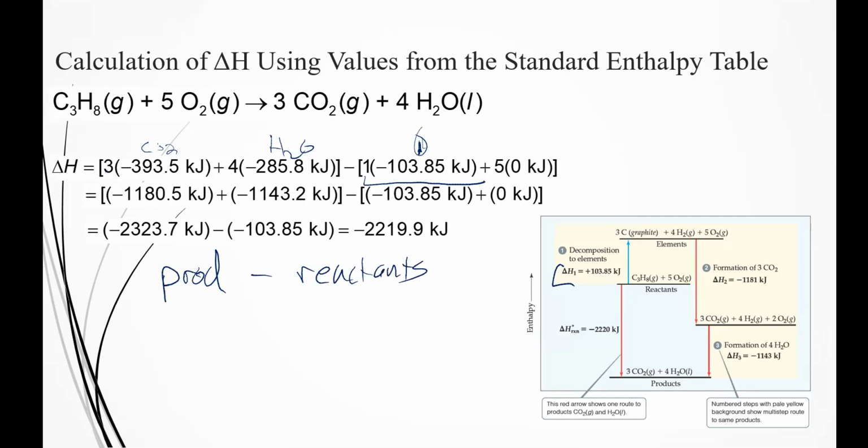And the reason why is that if our products have less energy than our reactants, then we should have released energy. And so we should be negative for our delta H. If our products had more energy than our reactants, then we should be a positive for our delta H. And so that's kind of how they're trying to get this set up correctly, which is why both of this sides are products and both of this sides are reactants.